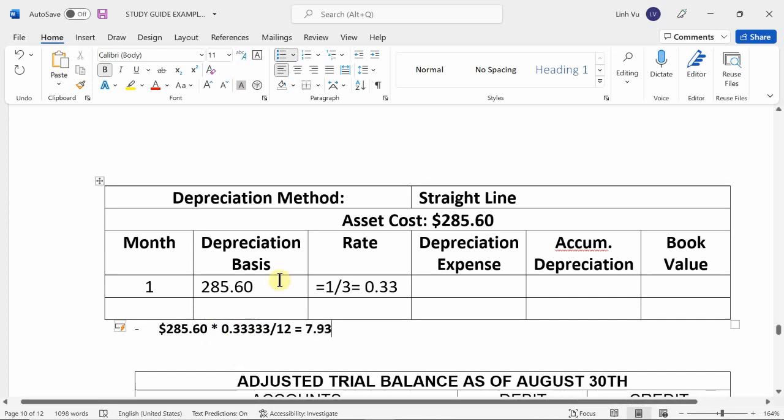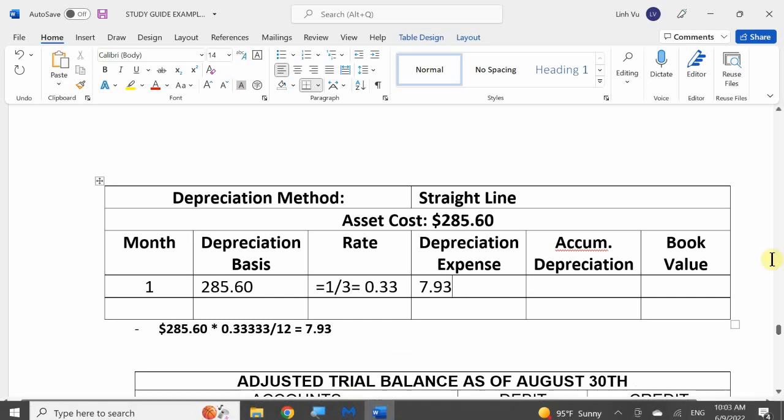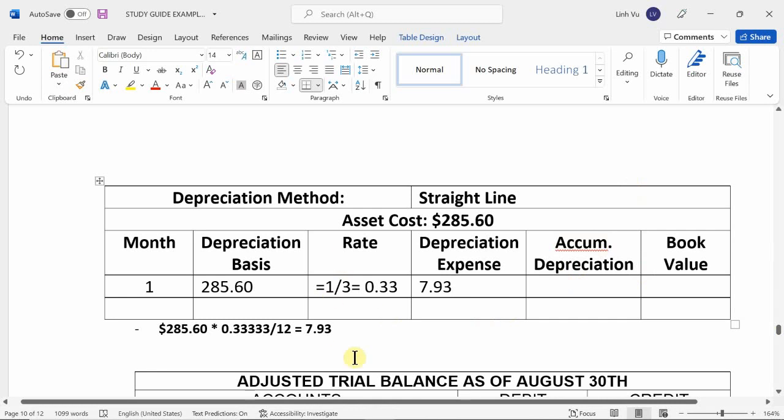So that's how much depreciation expense I need to have: $7.93. So that means I have everything that I need to have for the journal.